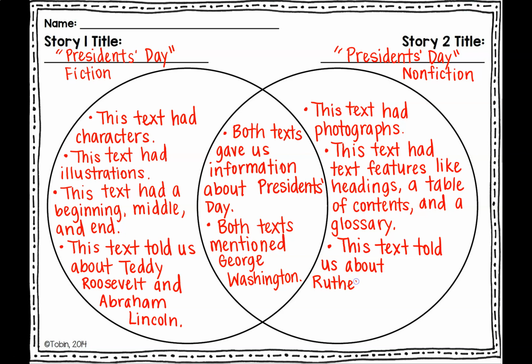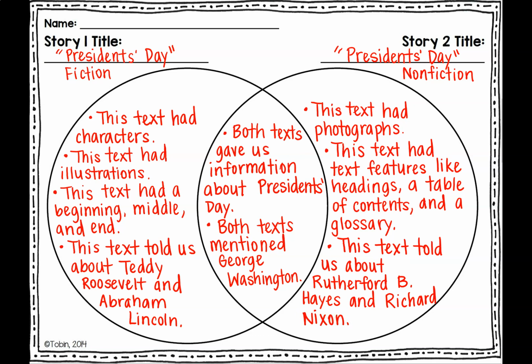Rutherford B. Hayes. He was the one that first signed President's Day into law, saying that it needed to be a national holiday. Richard Nixon moved them to Mondays. That's who we're going to mention next. And Richard Nixon. He was the one that made all national holidays on Mondays. So both of them were past presidents.